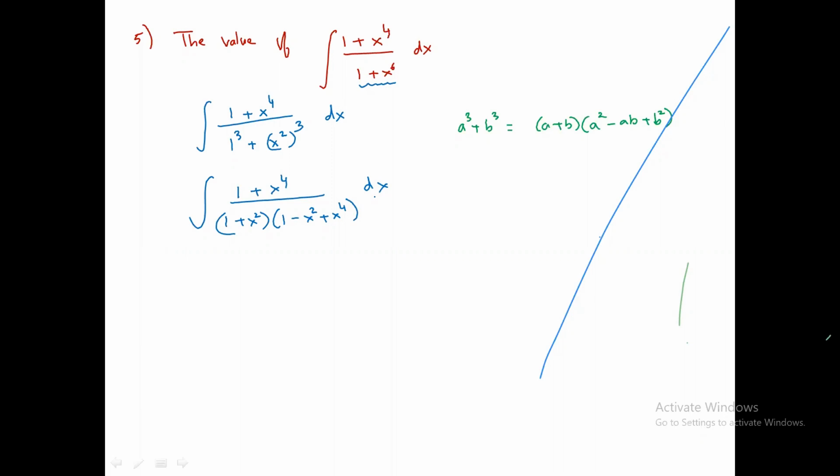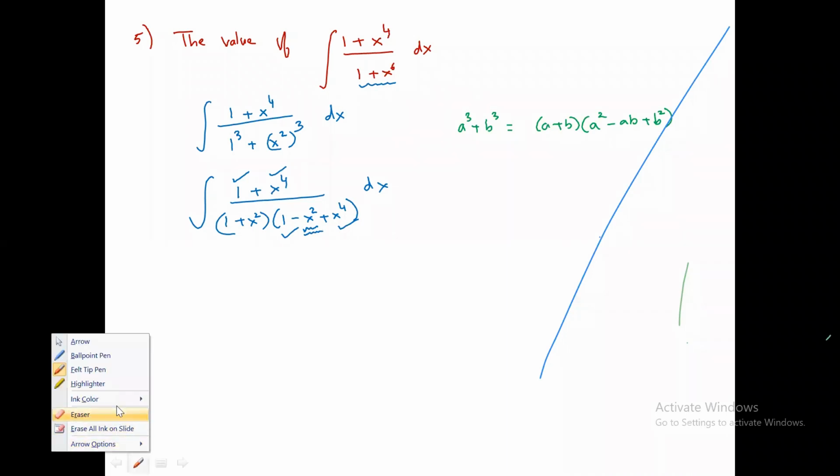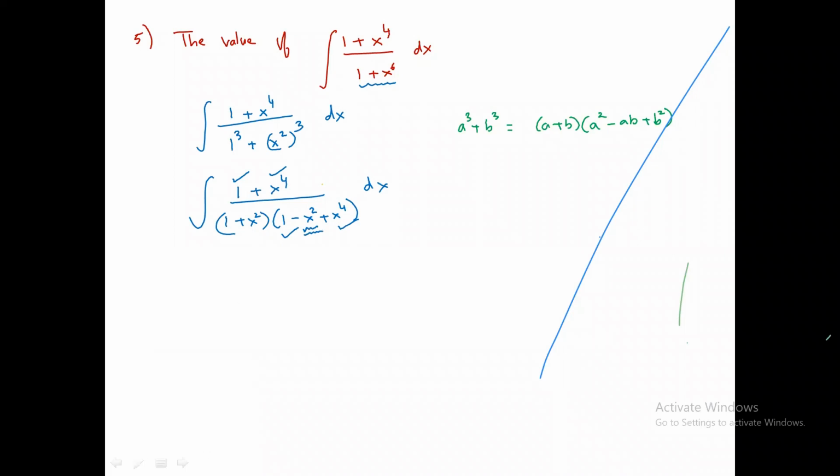Now, for a convenient way, you will understand easily. See, I have 1 and x power 4. But the thing which is missing is minus x square, which I need badly.